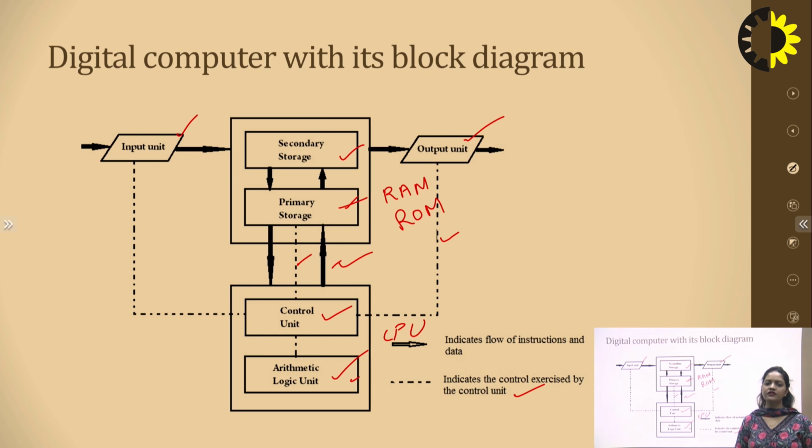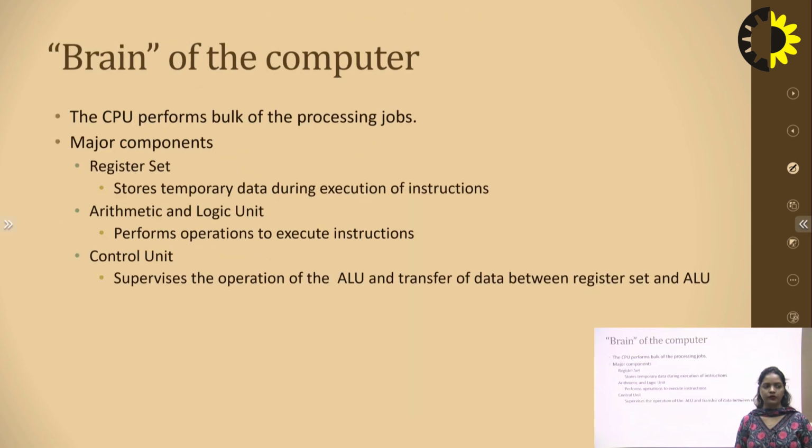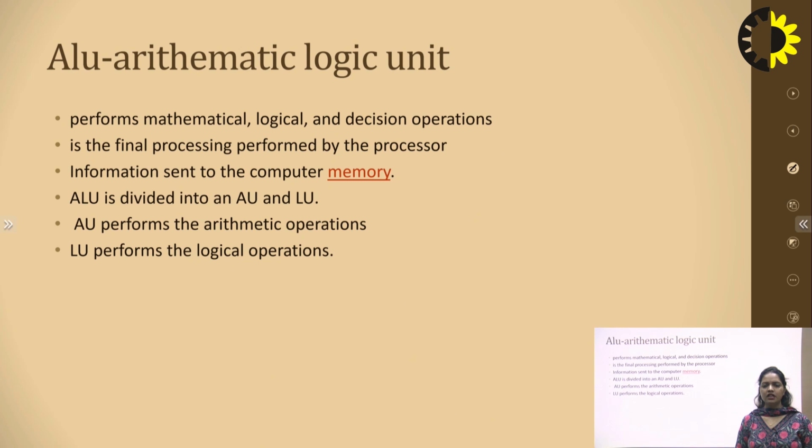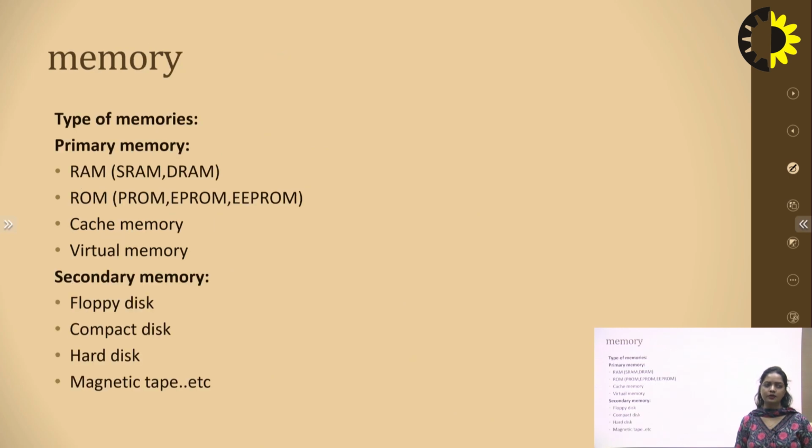So that is a brief description about the ALU, CU, memory unit, input unit and output unit. These are the 5 major blocks of a computer architecture, which are connected through the interconnected network known as buses. As we know, the brain of the computer system is the CPU.